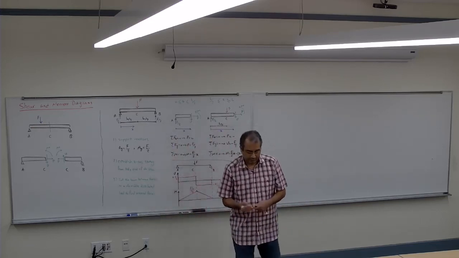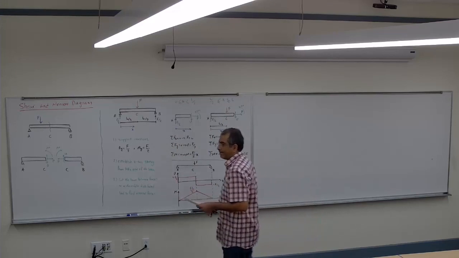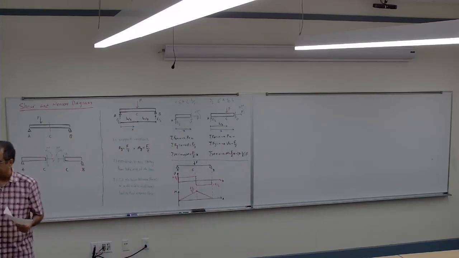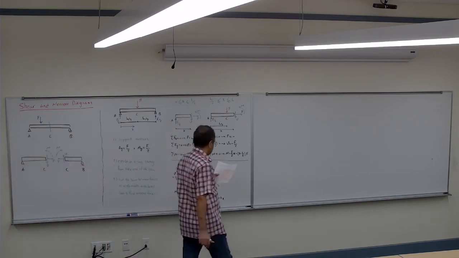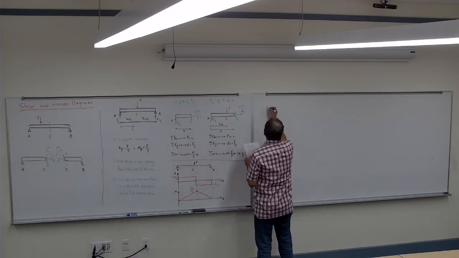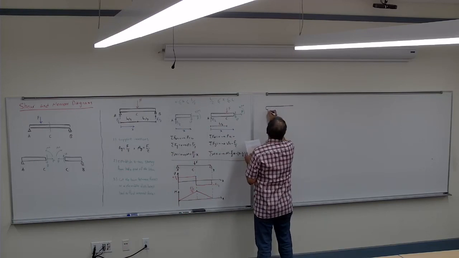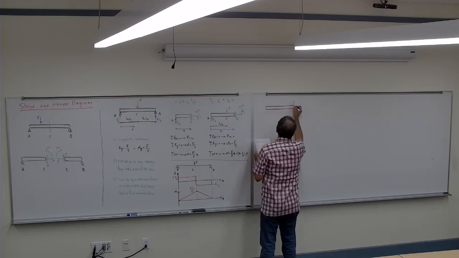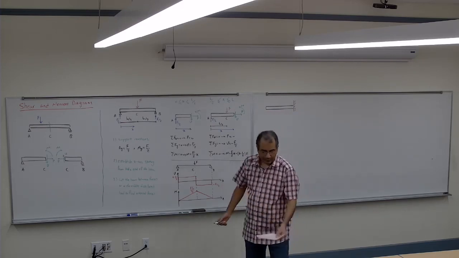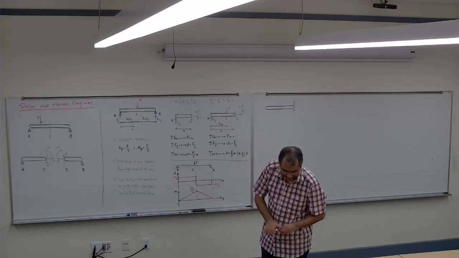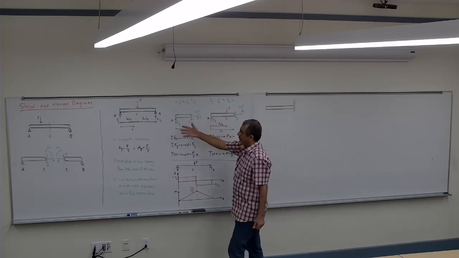Another example, let's look at the one with the distributed load. So if I have a beam like this, and there's a distributed load of W on that. And again, here everything is parametric.